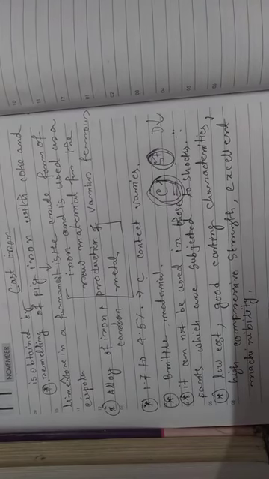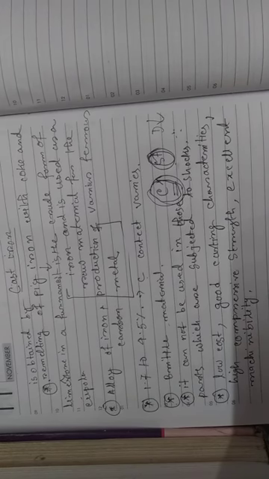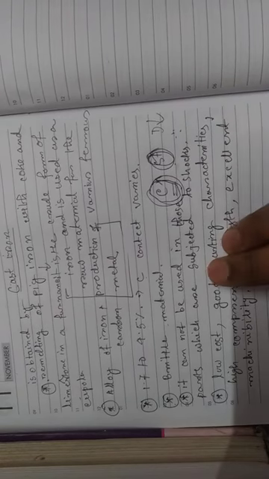Now, as you know, normal steel is basically plain carbon steel. Similarly, there are some alloy steels also where other elements are mixed together.